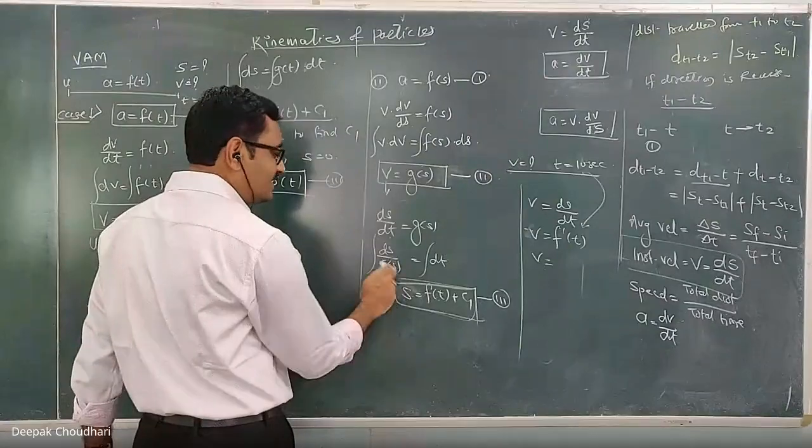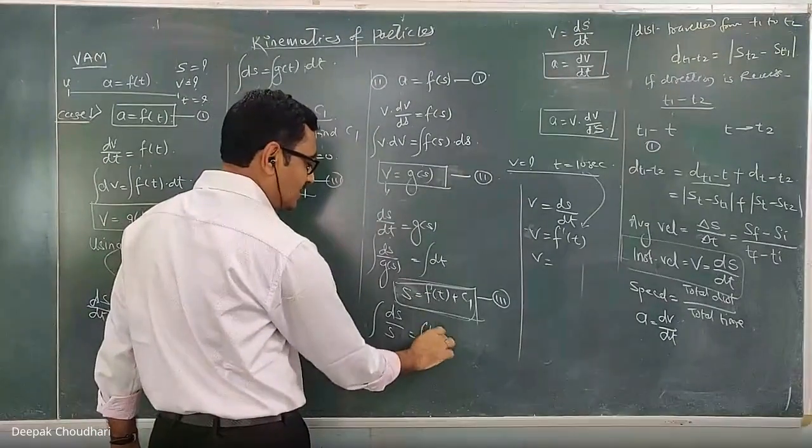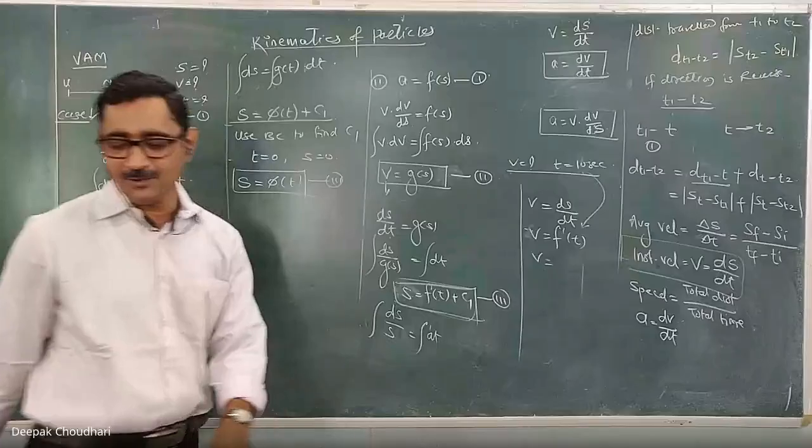Suppose if g of s is simple s, so it becomes ds upon s, which is equal to dt. Then what will be the integration of 1 upon s with respect to s?